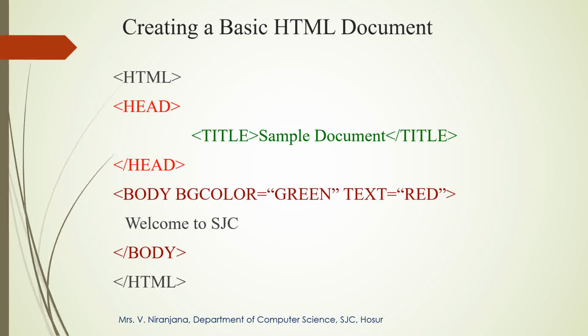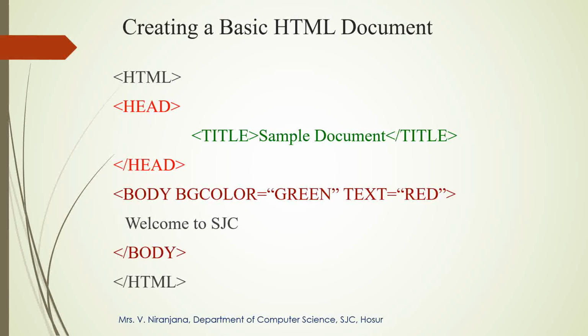You can see here a basic HTML document. This HTML document is a simple page which contains a title. The title is named as sample document. And next you can see the body. Here we have displayed only a text called Welcome to SJC. Only this text will be displayed in the web page.